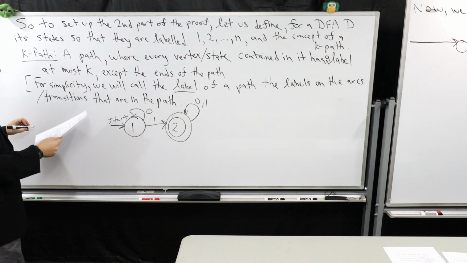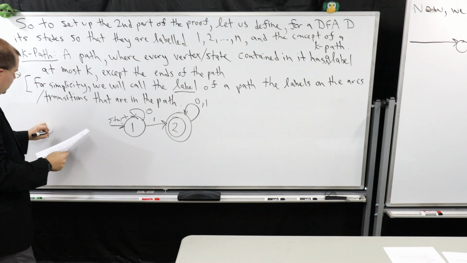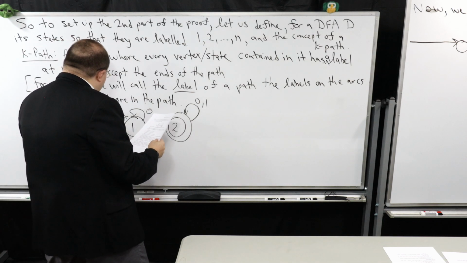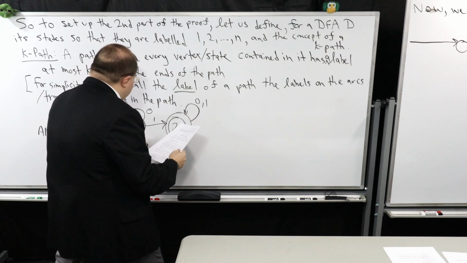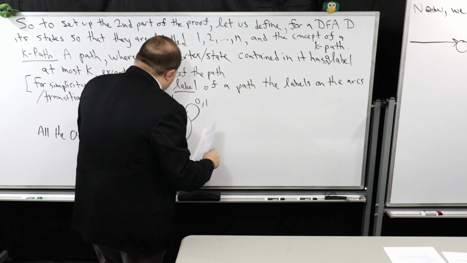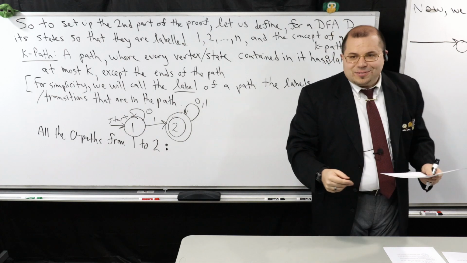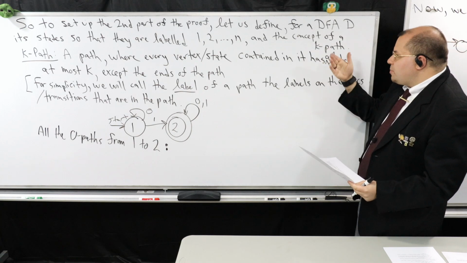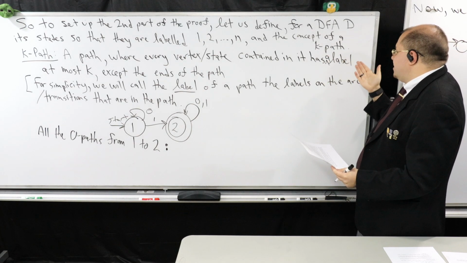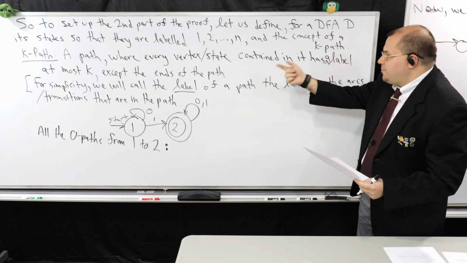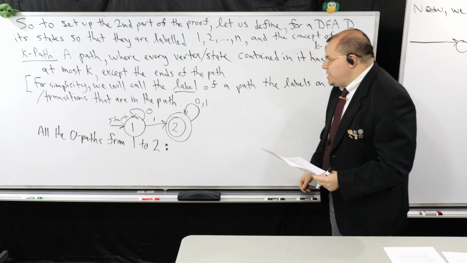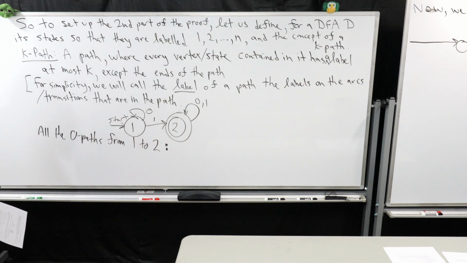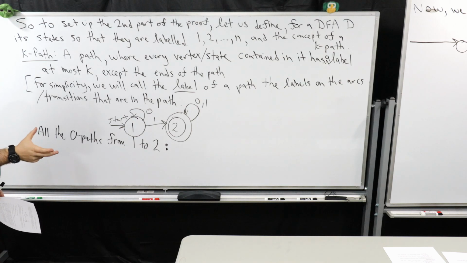So imagine I wanted to have all the zero paths from 1 to 2. Remember the zero paths: if I plug in 0 for k up there, it says a path where every vertex or state contained in it has a label at most 0, except for the ends of the path. So when you look at this, if I'm considering from 1 to 2, I get 1 and 2 for free because those can be the ends of my path.